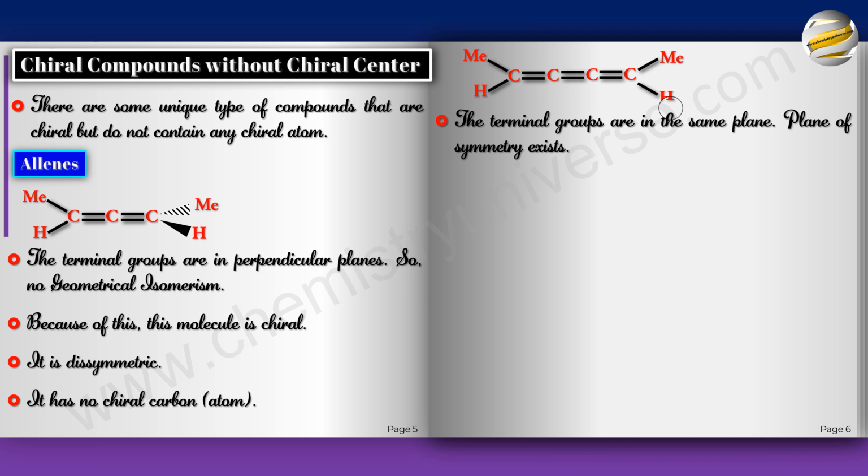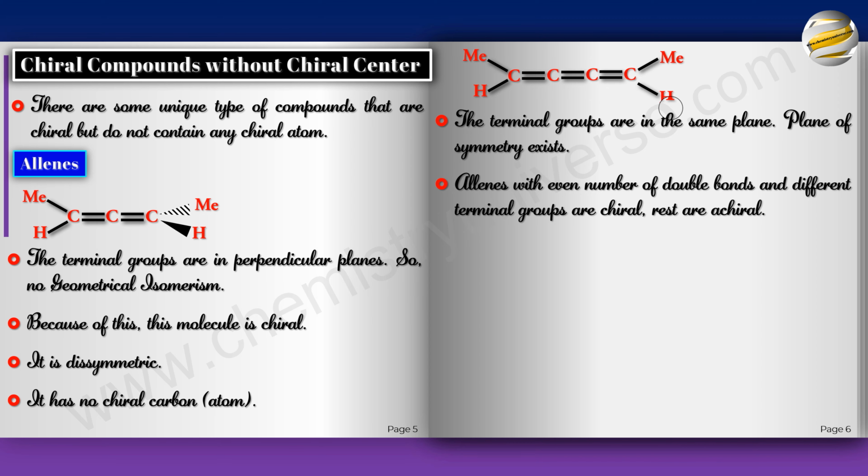Plane of symmetry exists. Allenes with even number of double bonds and different terminal groups are chiral, and the rest are achiral. So remember, if you have an allene and if there are even number of double bonds connected together, the terminal groups will be in different planes. But besides that, remember, these two terminal groups and these two terminal groups must be different.